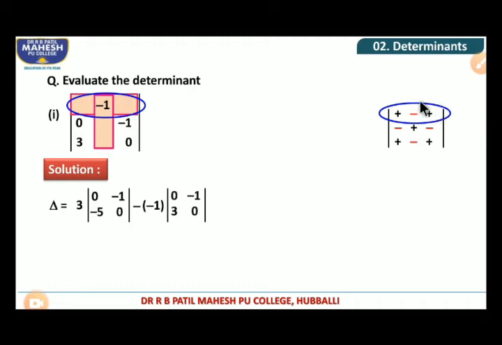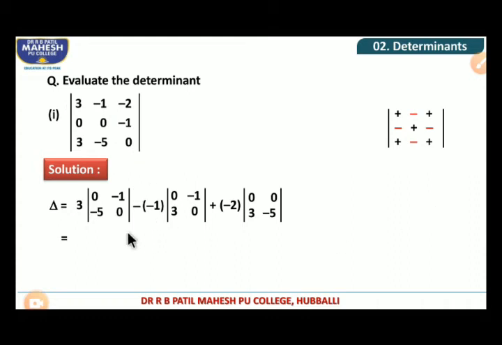And the third element has the sign plus, so plus into the bracket of the third element, minus 2, into the determinant obtained by deleting the first row and third column, we have the determinant 0, 0, 3, minus 5.